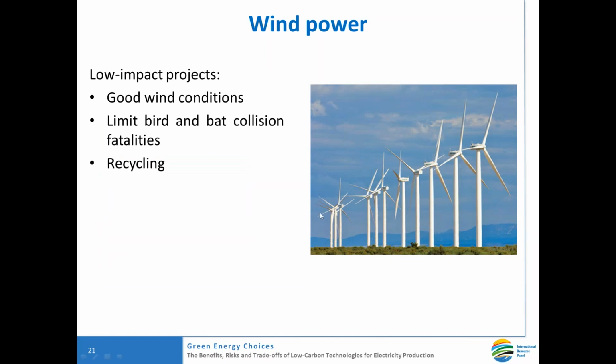So in order to build wind power plants that have a limited impact on the environment, we should find sites with good wind conditions. We should try to avoid bird and bat collision fatalities, which can be done, or reduce them at least. And we should look at recycling materials, because a significant fraction of the remaining environmental impacts of wind power is associated with the production of those materials.